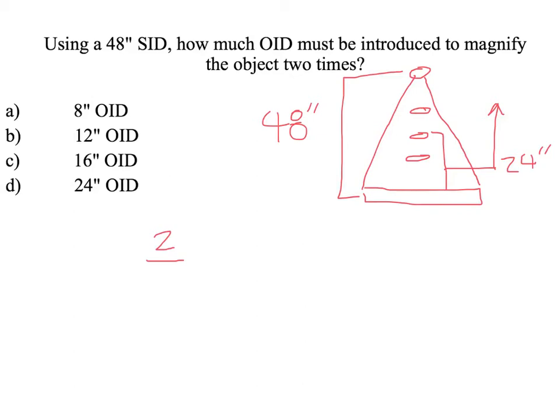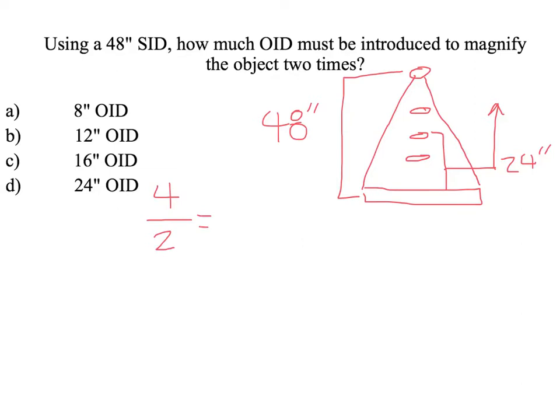I'm sorry, I've got things backwards here. Let me erase this. Because it's the object size over the image size. And we want the image size to be what? If our object size is 2 and we want to magnify it 2 times, we want it to be 4. So I just used 2 to keep it simple, right?